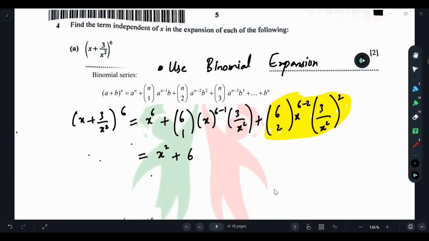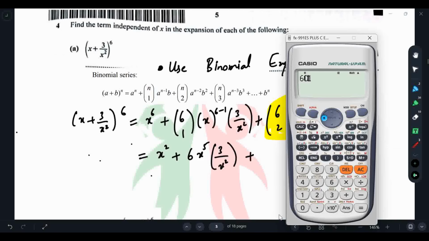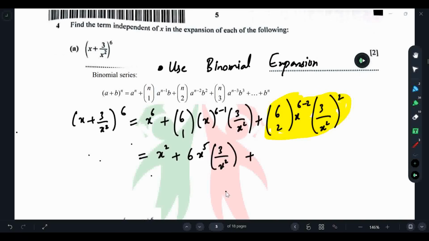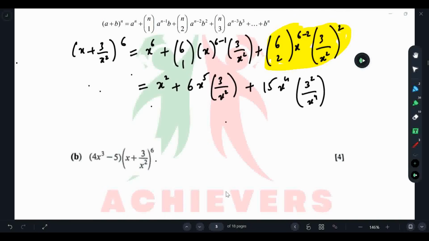So 6 into x power 5, 3 by x squared, plus 6C2, which is equal to 15. So 15 x power 4 and then 3 squared by x power 4. If we simplify it further, this will be x power 6 plus 18 x cubed. The reason is we can cancel out this one.